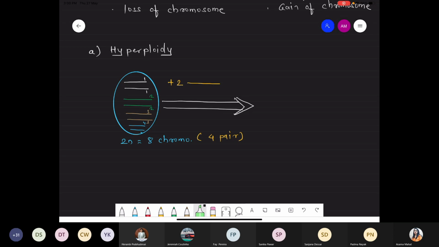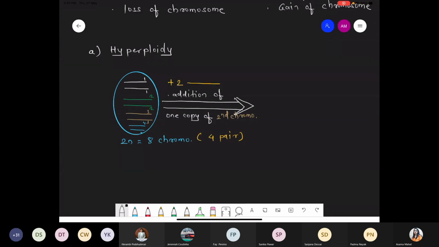Plus 2 with a single line means addition of one copy of the second chromosome. So only one copy gets added. So now what will be the change? This change leads to the formation of trisomy.